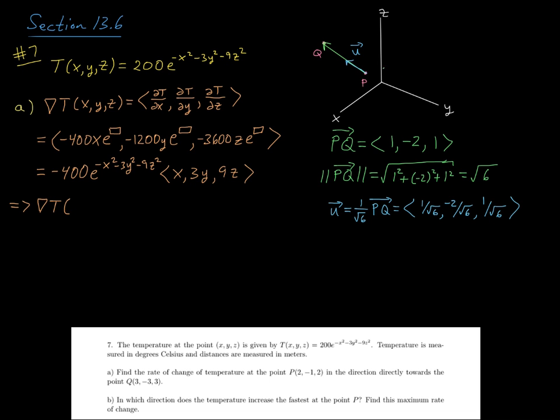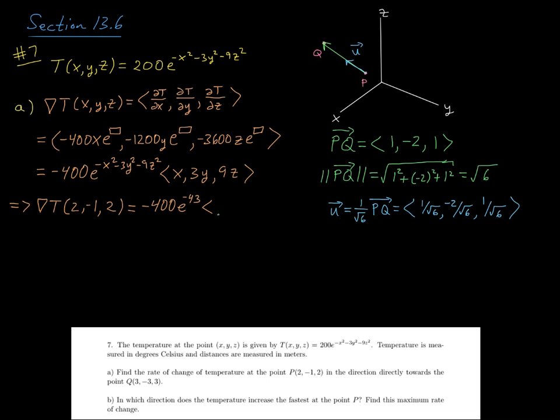Now let's evaluate this gradient at the point where we're located, which is P, with coordinates (2, -1, 2). If I plug in 2 for x, -1 for y, and 2 for z, you can check that the exponential term will be e to the -43, which is a really small value.